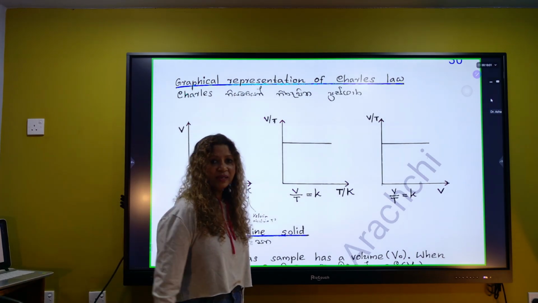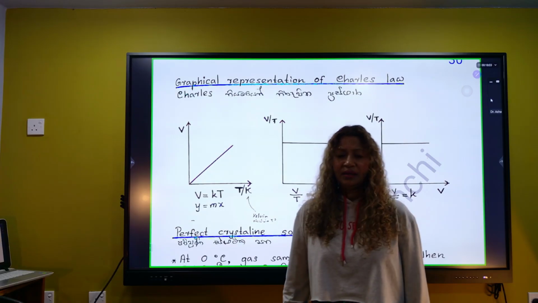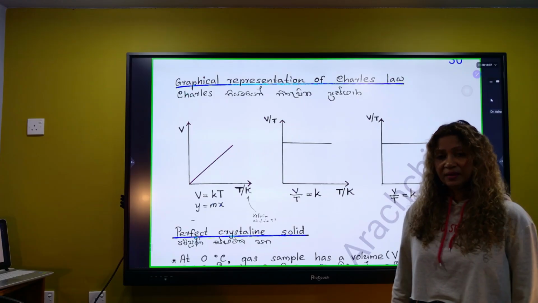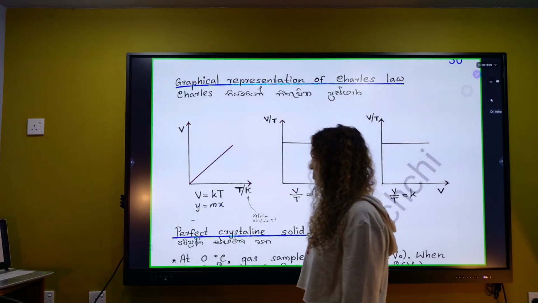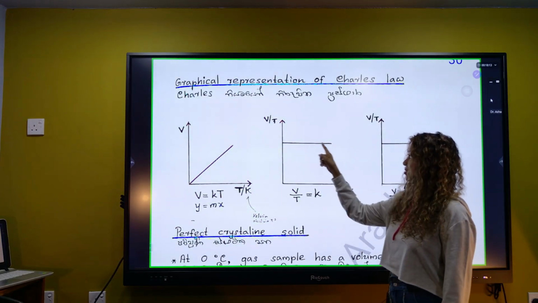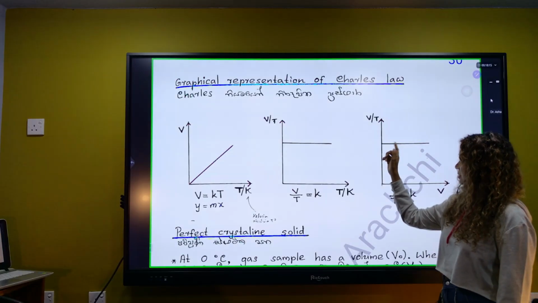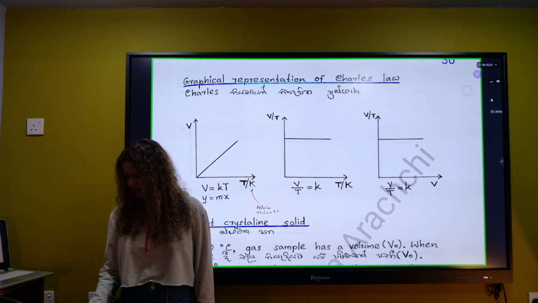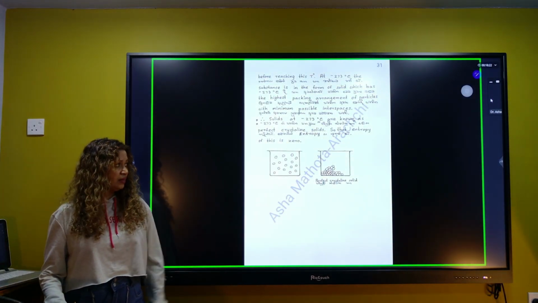If they have a normal direct relationship, we're going to get the normal y = mx, a straight line going through the origin. But if there is a constant relationship, then we get a line parallel to the x-axis. So that is all with Charles' law.